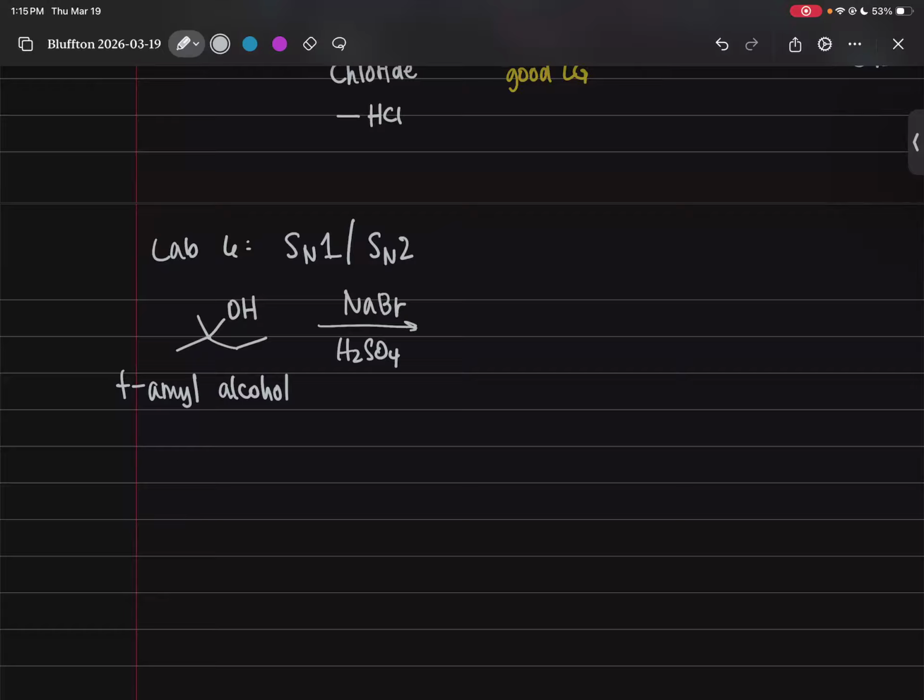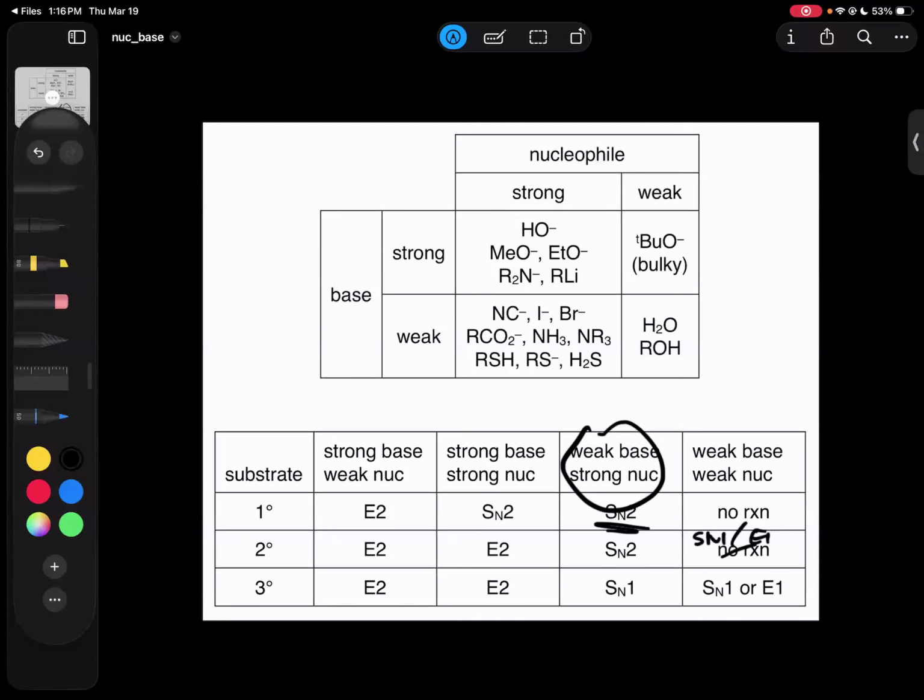So this sodium bromide is just Na plus Br minus. So Br minus, that's our nucleophile, right? Let's look at our table. Br minus: weak base, strong nucleophile. Yep, so that's this category here.